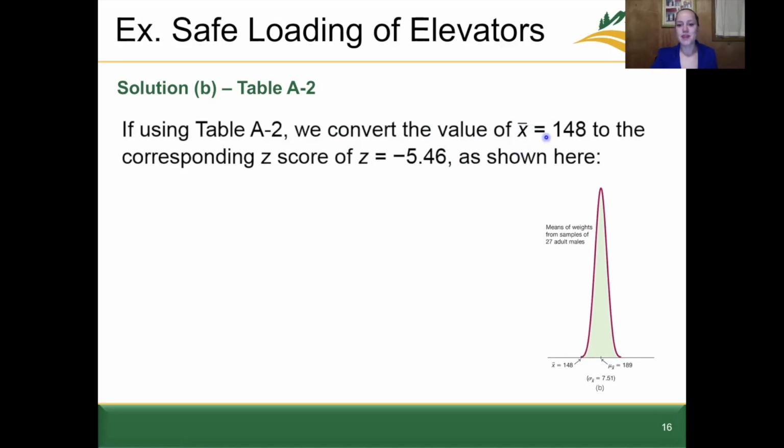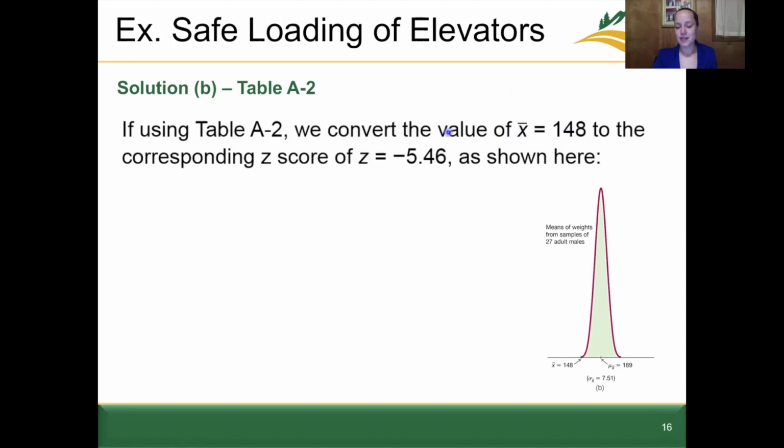Well, it's because we're taking the mean value of all 27 randomly selected adults. Rather than just taking one adult and seeing if they have a weight greater than 148, right? We're taking a mean value of all those 27 randomly selected adults and getting a mean value from that sample. That's why we're using x bar here rather than just x.